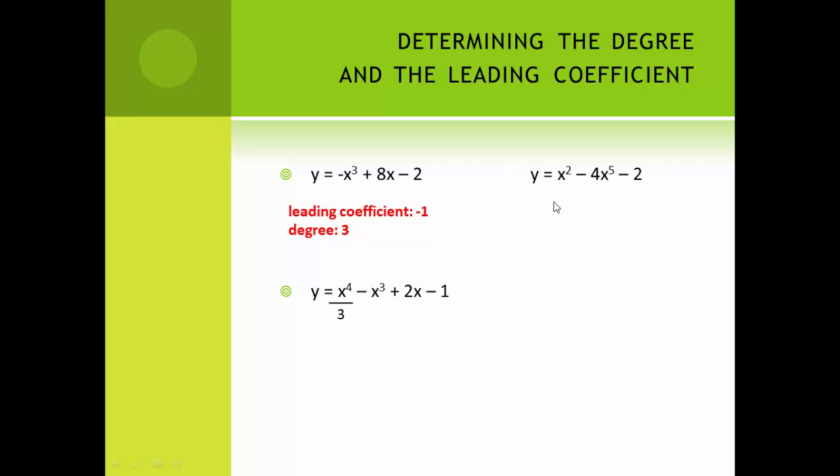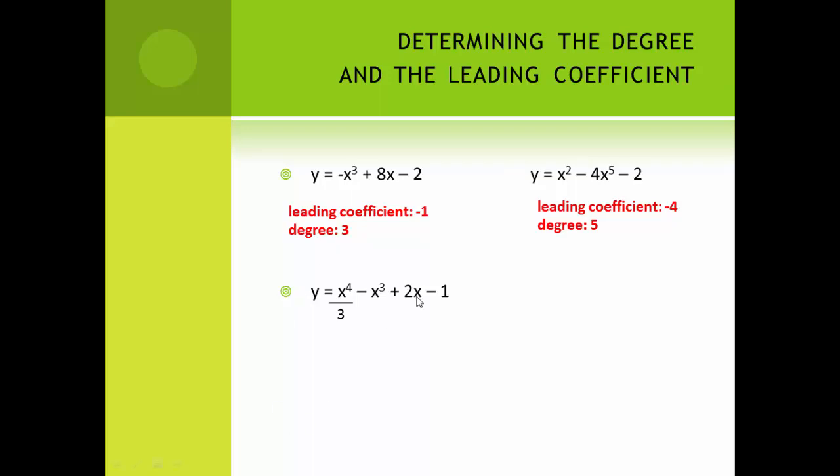So if we look for the highest exponent, we have x to the power of 5. So that means we have a degree of 5. If we look at the leading coefficient of that variable, out front here we have a negative 4. So that means our leading coefficient is negative 4. And our degree is 5, because 5 is the highest exponent on the variable.